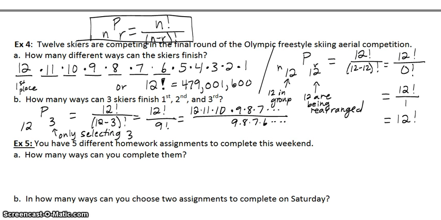You may notice I have a 9 on top and a 9 on bottom. I've got an 8 on top and an 8 on bottom, but anything divided by itself is equal to 1. So essentially all of these things from 9 all the way on down are going to cancel each other, and only 12 times 11 times 10 are left over. And if I'm going to do this problem by hand, that's really not that bad to type in my calculator. That's just 1,320.